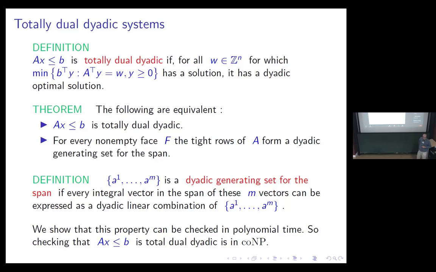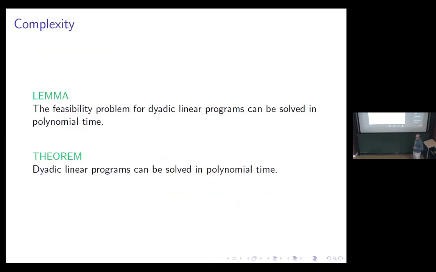Question. If you have such a totally dual dyadic system, would you expect that the dyadic denominator has a universal bound? Those are good questions, and that ties into the previous question.